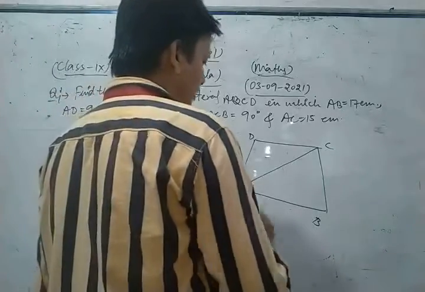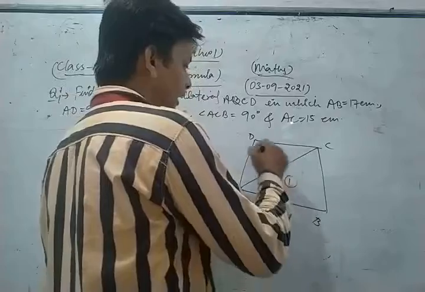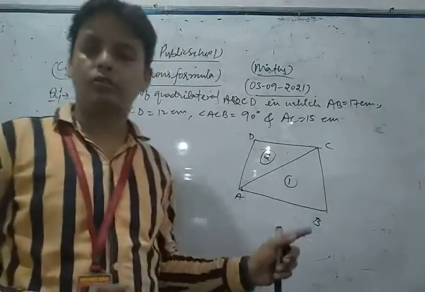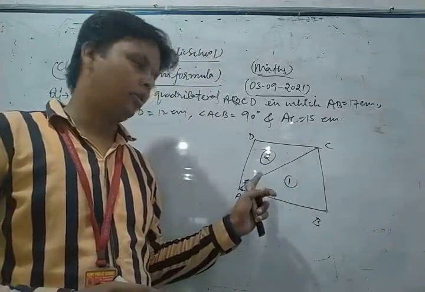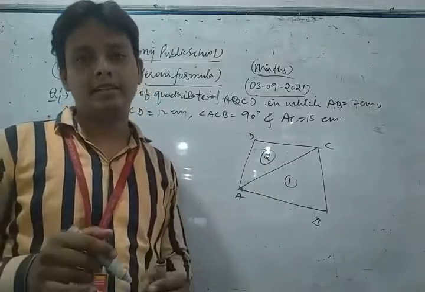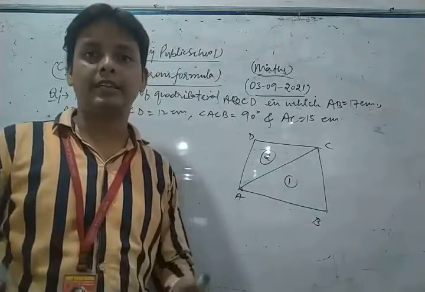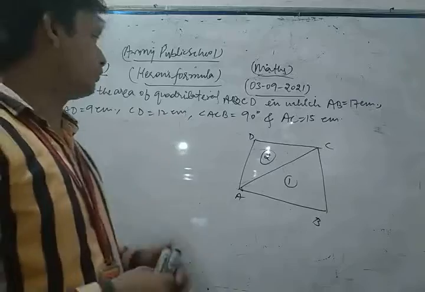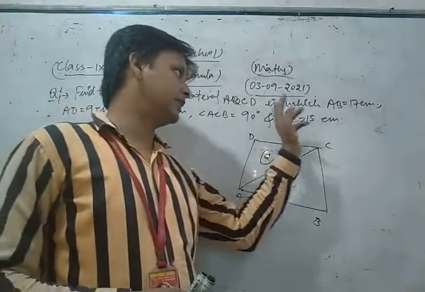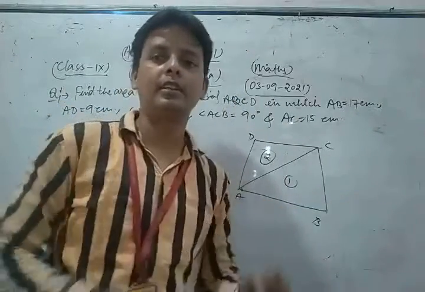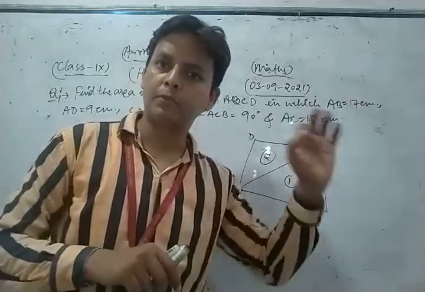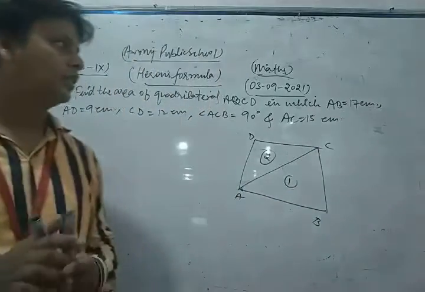So we take both the triangles, find the area of the first and second, and after that we add them. In this way we get the area of quadrilateral ABCD. This is the process to solve that type of question.